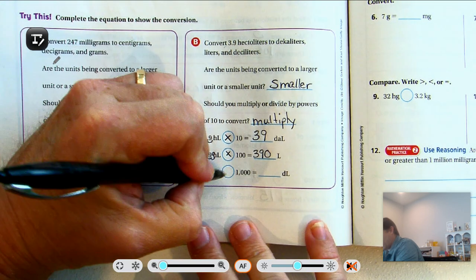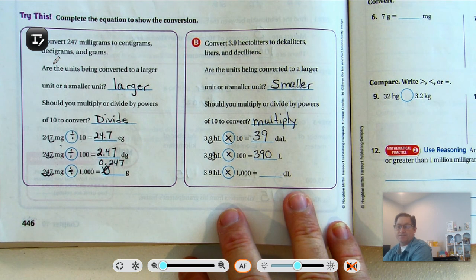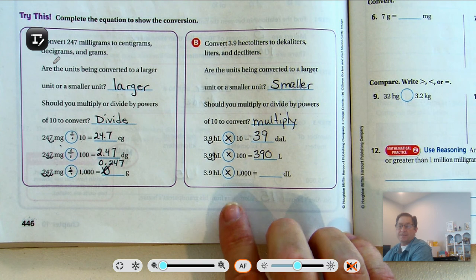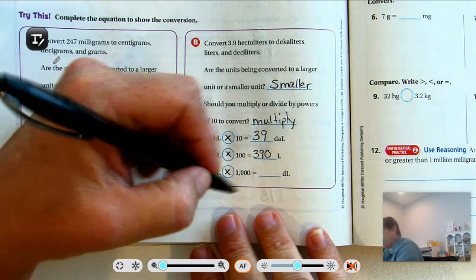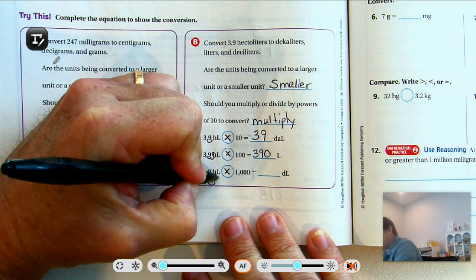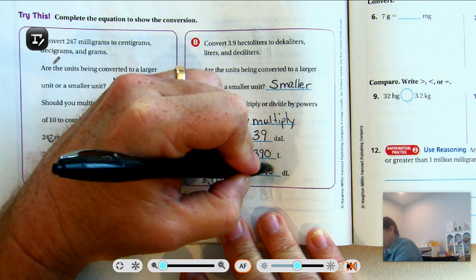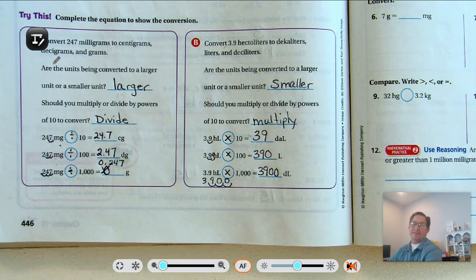And 3 9/10 hectoliters to deciliters, there are 1,000 deciliters in a hectoliter, so move the decimal point 3 places to the right: 1, 2, 3. 3,900 deciliters.